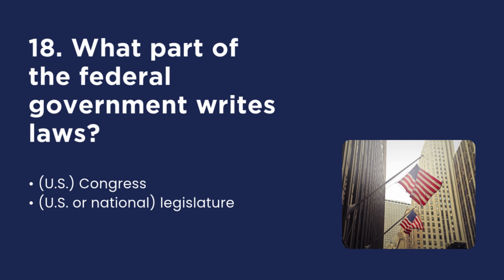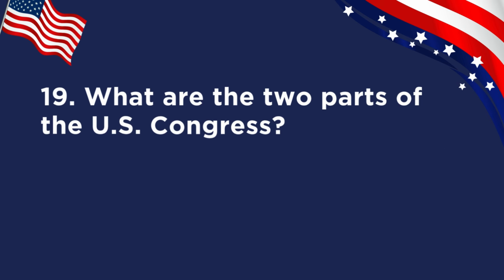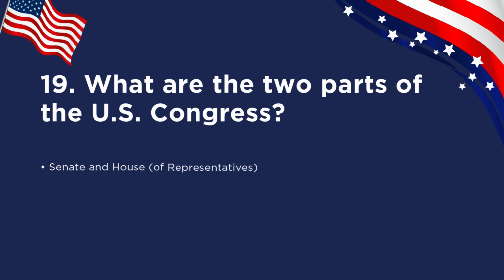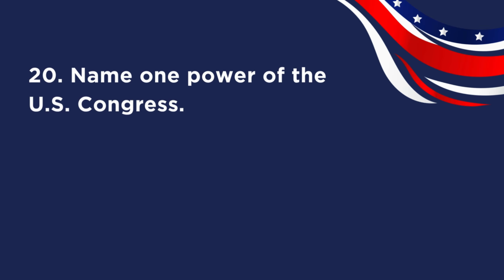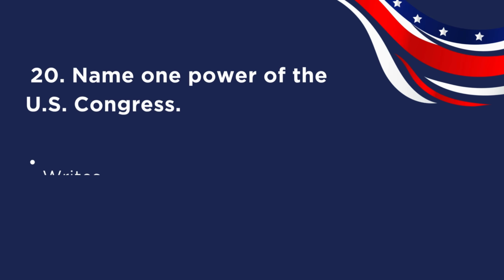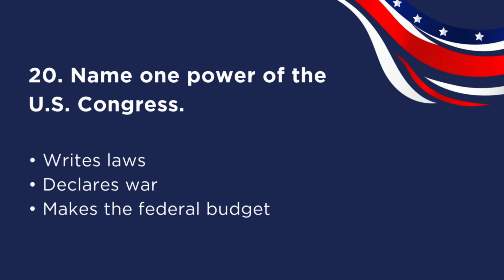U.S. Congress. What are the two parts of the U.S. Congress? Senate and House of Representatives. Name one power of the U.S. Congress. Writes laws, declares war, makes the federal budget.